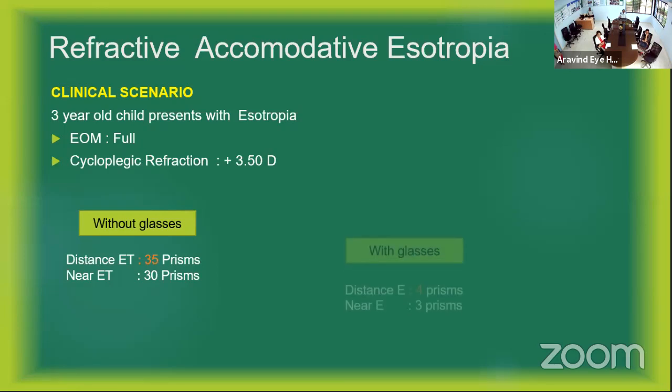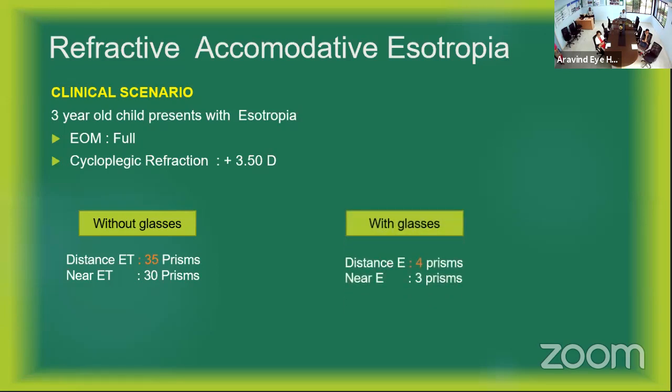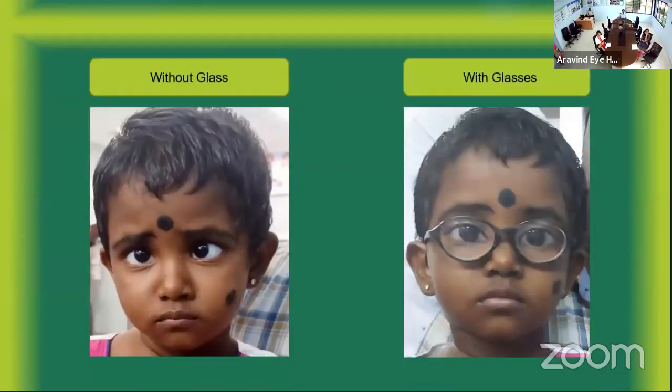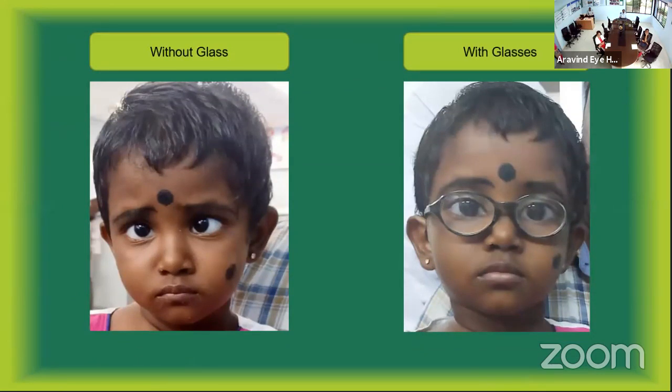So now we'll see what happens when we give these glasses. You will see that there is a drastic reduction in the size of the esotropia. It becomes a phoria. E indicates phoria and capital E with a T indicates esotropia, which is a manifest squint. So now we'll give the glasses and we'll see that the child is straight.